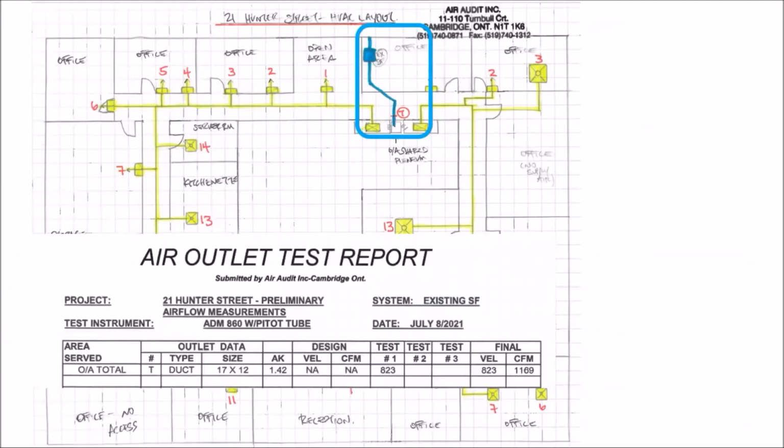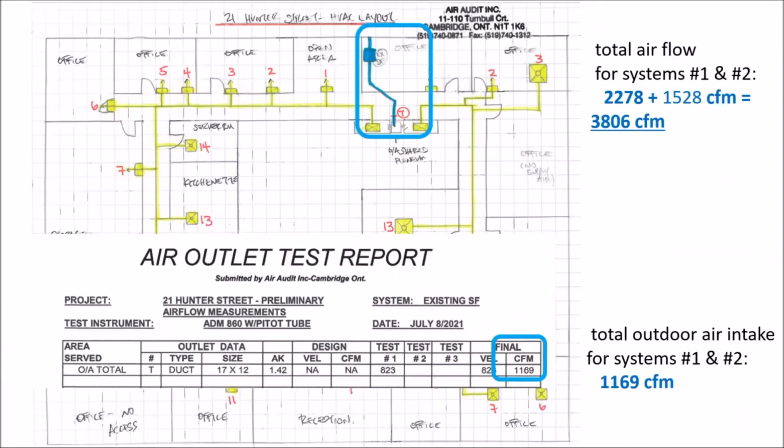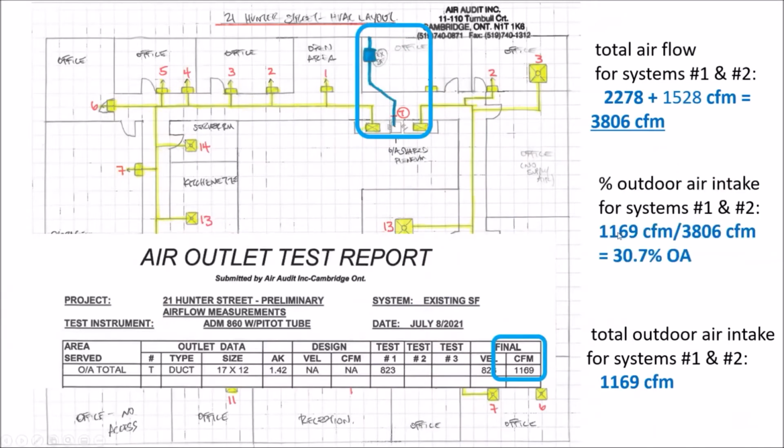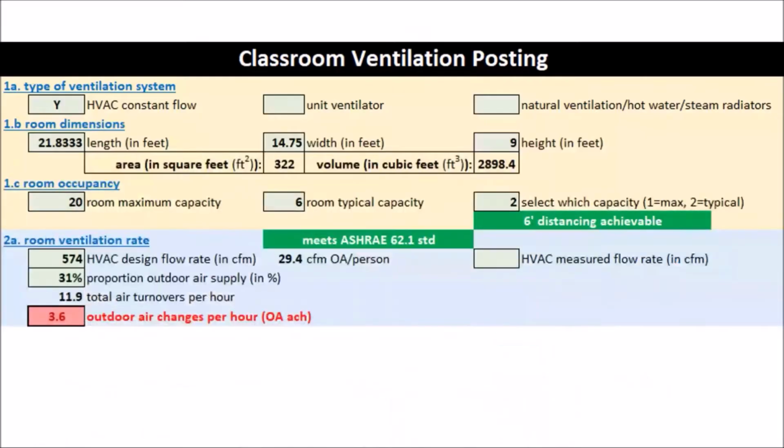And here it's 1169 CFM coming in. And when you combine the two systems together, you get 3800 CFM. And if you divide 1169 CFM by the total, you get about 31% outdoor air coming into this building. So that's a little more detailed way of doing it.